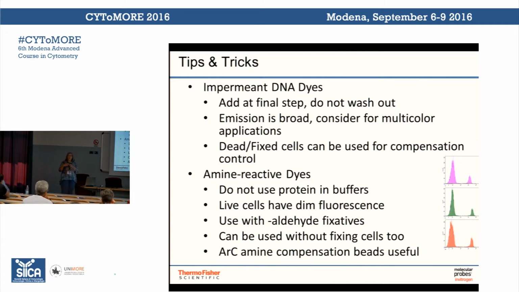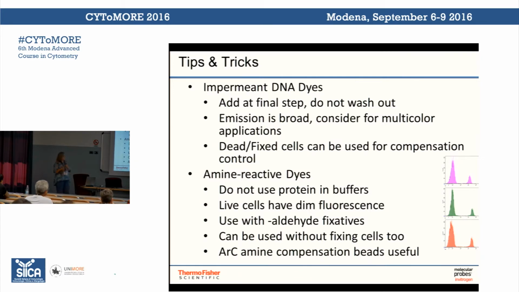DNA binding dyes have a very broad inherent emission, so it's a really good idea to look at a spectroviewer to see what's the best detector and where you might run into problems if you have one of these in your panels. And there really is not a good compensation control, but I just like to use dead cells or fixed cells labeled with the dye that I'm using.